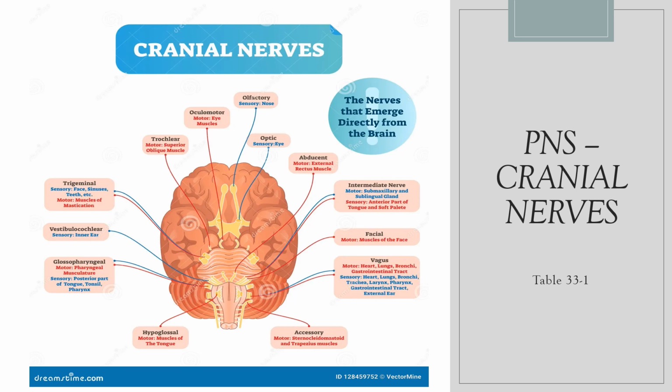So we're going to talk about each of these cranial nerves. There are different little mnemonics that you can look up to remember them. In this particular picture, it is broken down to where they are coming from the brain, but also if they have a sensory function, a motor function, or both. So cranial nerve number 1 is olfactory.